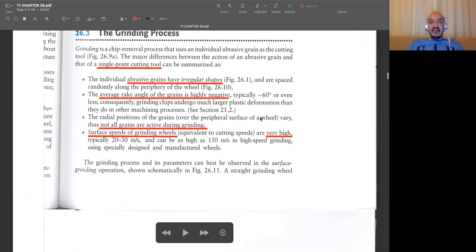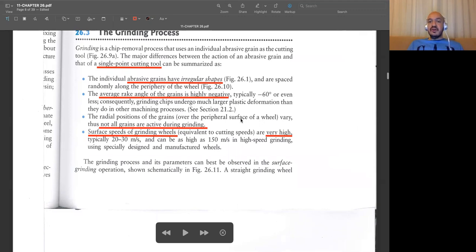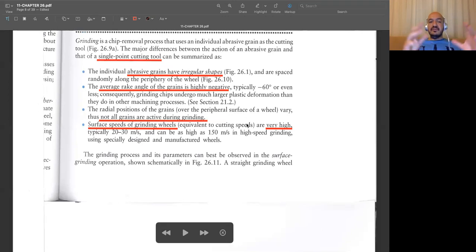And that's why we have the chips undergoing plastic deformation, which is not the case in the other machining processes. Another issue about the grains is that they are not always removing material. They may be passive, and depending on their orientation and their positions on the wheel, they may not be active. But once the grains on the outer surfaces are removed, you may use the grains inside.